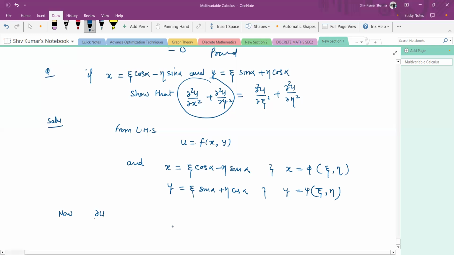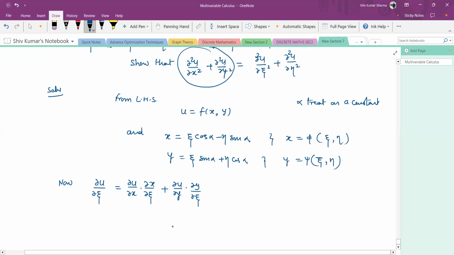When we write ∂u/∂ξ, this can be written as: u is a function of x, so ∂u/∂x into ∂x/∂ξ, plus ∂u/∂y into ∂y/∂ξ. Here we see that α is treated as a constant. So we write that.